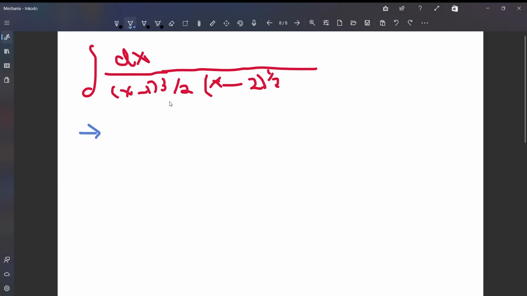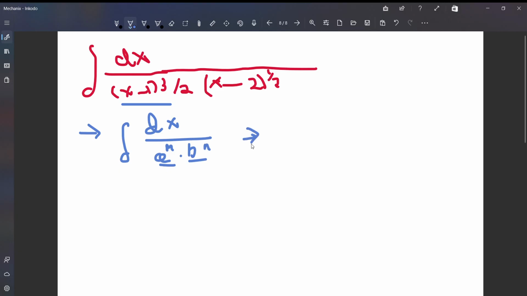So one thing we can do is generalize this term like dx into a into b. A and b are just the terms we have, and this works for any powers, right? So let's say it's a power n and b power n.